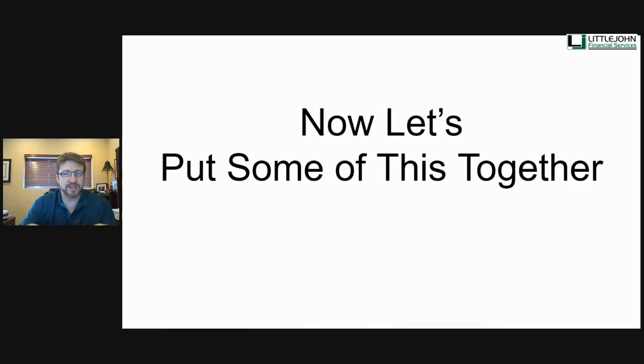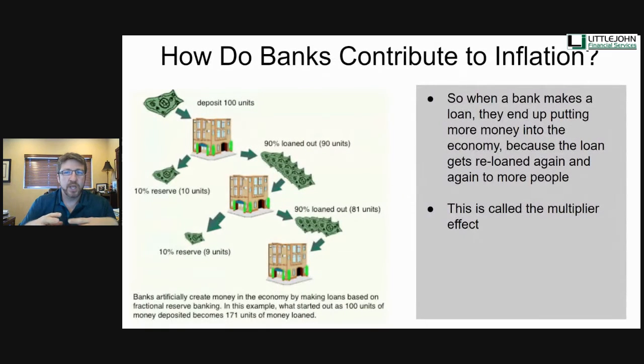So let's look at this, putting it all together. The banks make more money by loaning out more money. If the government puts stimulus in the economy, then people get money, they put it in the banks, and the banks loan that money out. If you make the interest rates lower, people can borrow more money because it's cheaper to borrow, since your loan payments are lower if interest rates are lower.